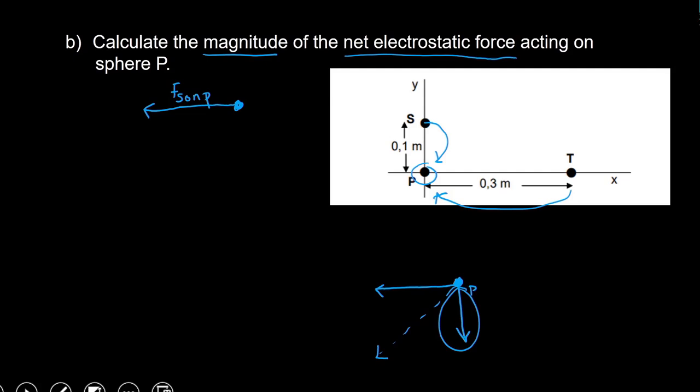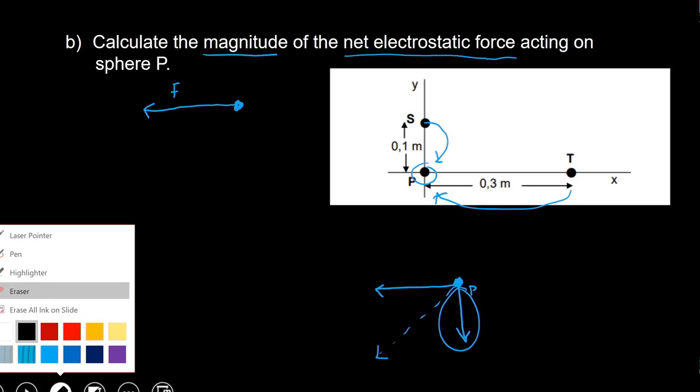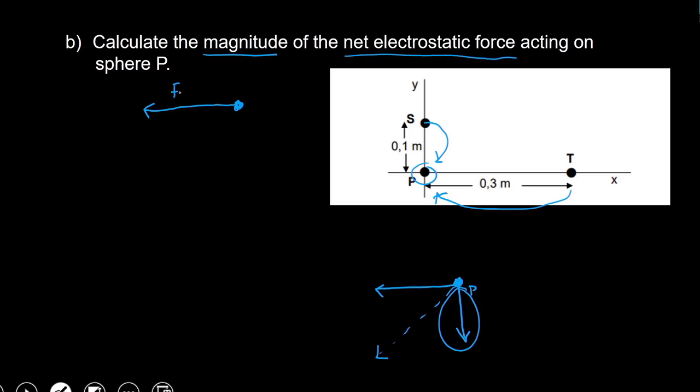Let's just rewrite this. Let's rub this out. It's not S on P. It is actually T on P. So let's write that down. It's T on P. And then if we transpose this one down to here, then that one is going to be the force of S on P. There we go. Right, so here's our resultant. That's our net force over there.